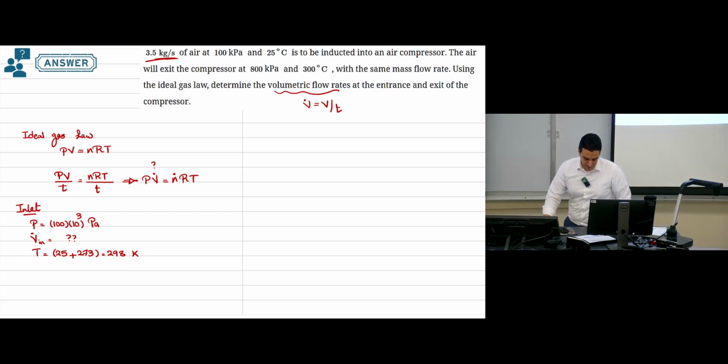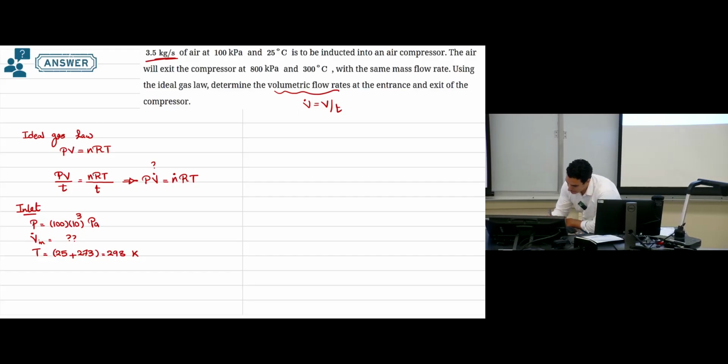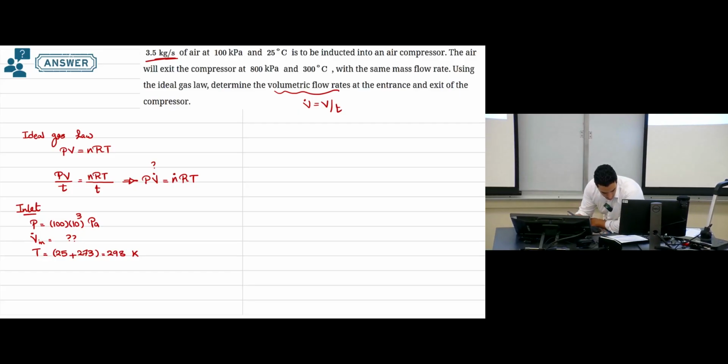Now, in this equation we have the molar flow rate. We have no idea what the molar flow rate is, but we have the mass flow rate given.